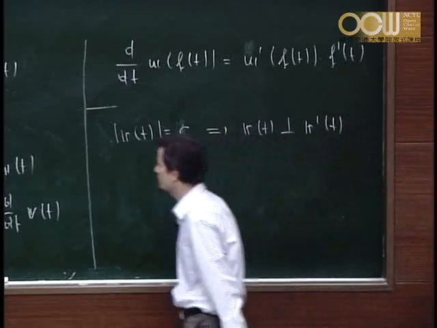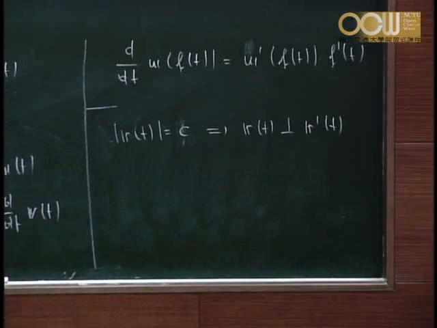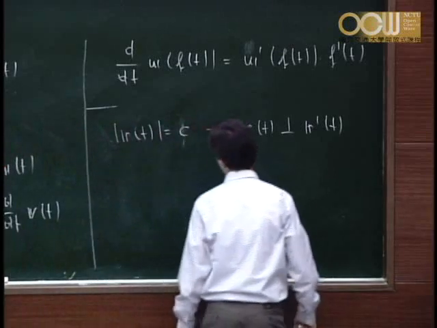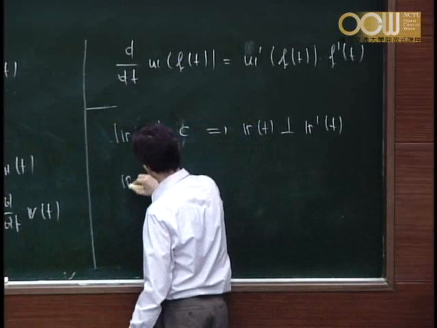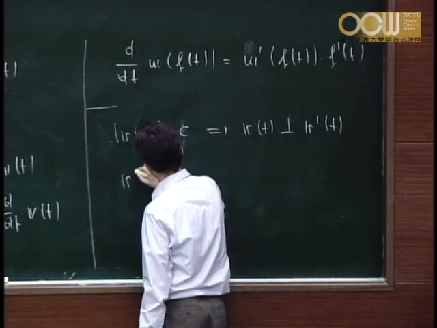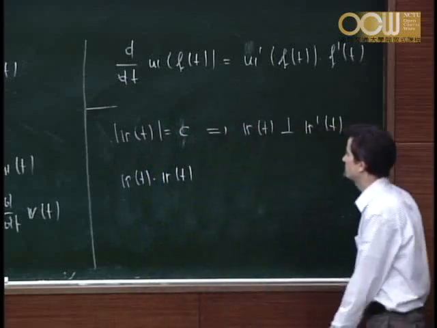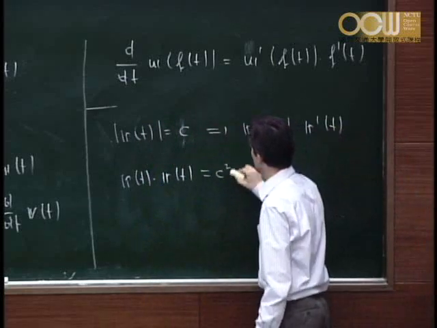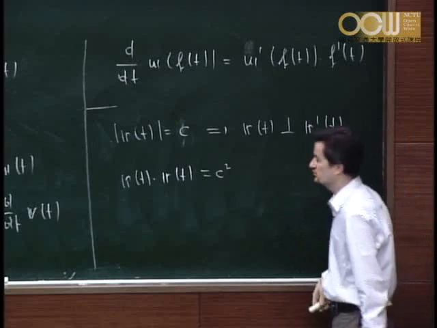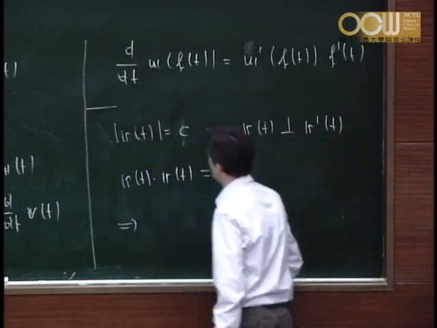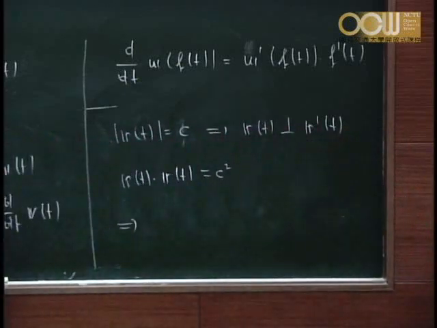So the easiest way to show this is to realize that this means that the dot product of r of t with itself is equal to c squared. Okay, now you differentiate both sides. So what you get is you can use this rule here, the product rule.